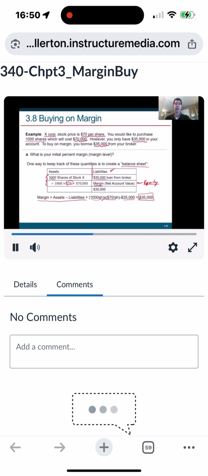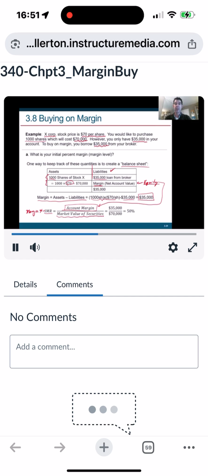And then after that, we will calculate a margin percent. So here, this is our margin percent. And how do we calculate margin percent? It's always going to be exactly the same formula. We take the account margin. Where does the account margin come from? Right there. It's that assets minus liabilities. Account margin, and we're going to divide it by the market value of securities associated with the account.